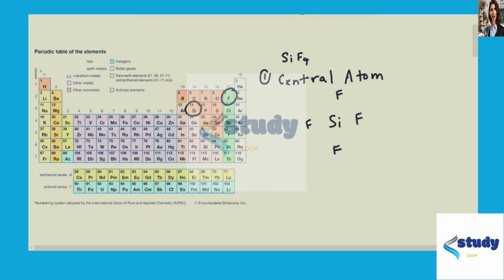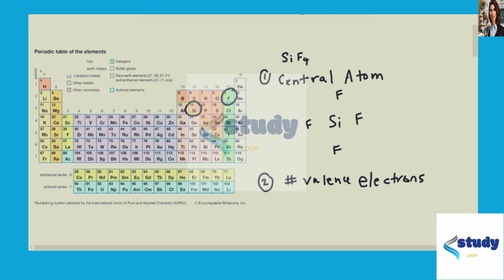All right, the next step is to determine our number of valence electrons. So the way we determine the number of valence electrons is we just add them for silicon and then for the four fluorines.